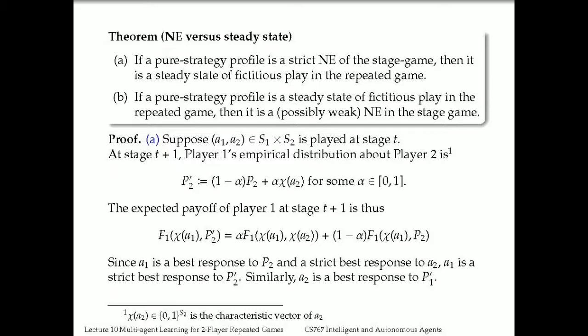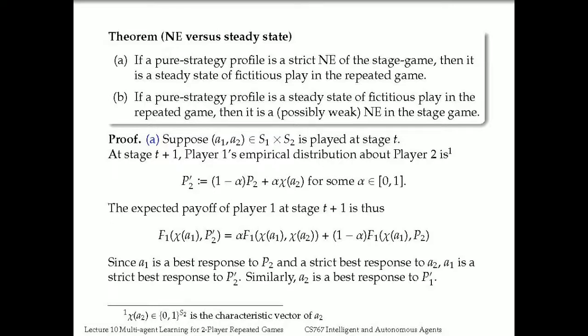So I use chi of A2 to denote this vector. Chi of A2 is the characteristic vector of A2. Essentially, it's a 0, 1 valued vector. At the position of A2 it is 1, and at the position of any other action it would be 0, right? So this is a 0, 1 characteristic vector.